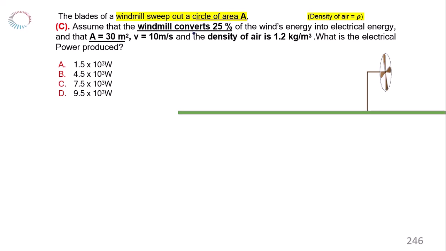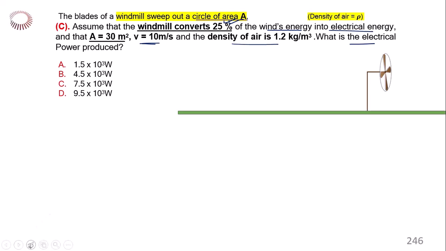Now, in this situation, there is a windmill which is converting 25% of the total wind energy into electrical energy. The area of cross section of the windmill is given as A, the velocity V of the air flow is given, and the density of air is also given. You are asked to calculate the electrical power production.